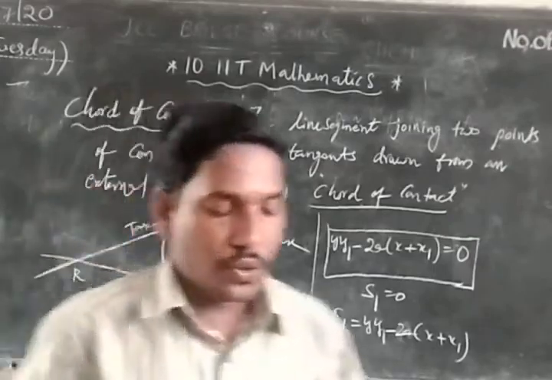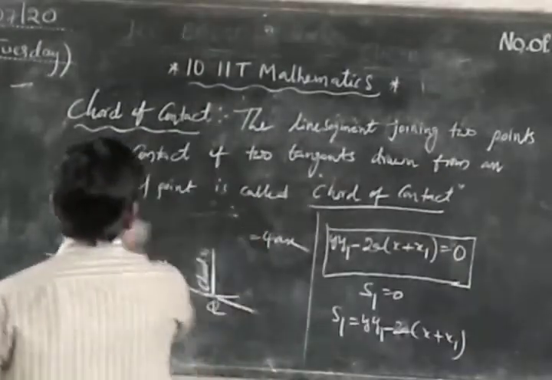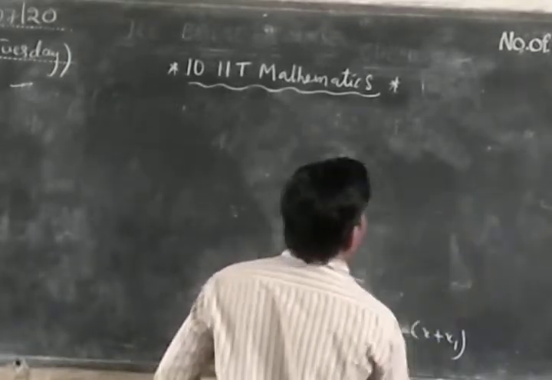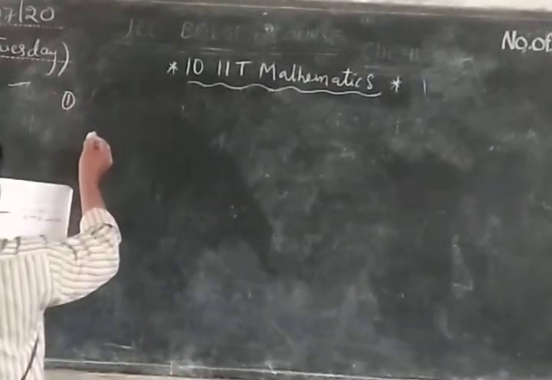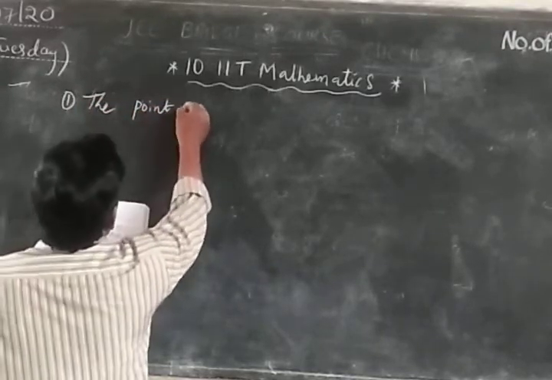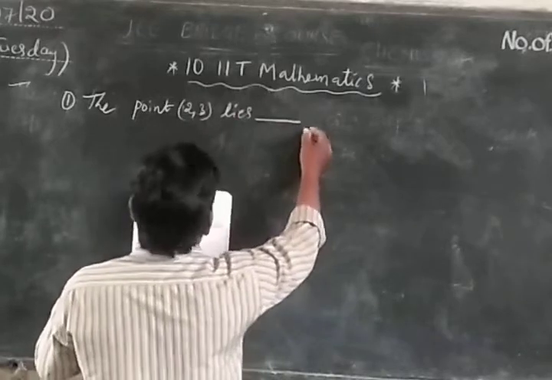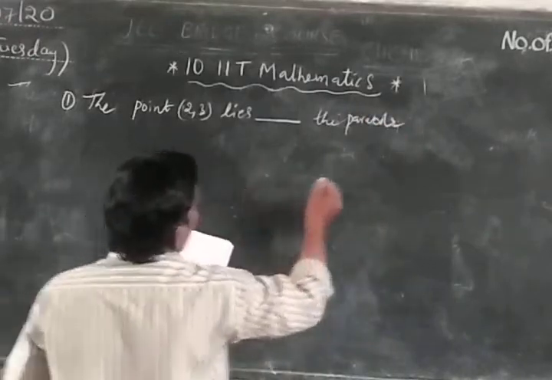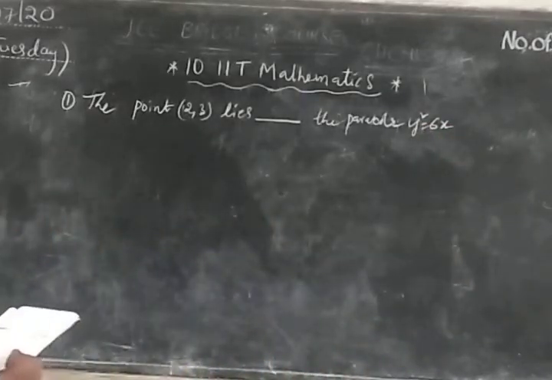Okay students, now we are going to discuss handsheet 3. First one, in handsheet 1, first sum: the point (2, 3) lies dash the parabola y square equal to 6x.